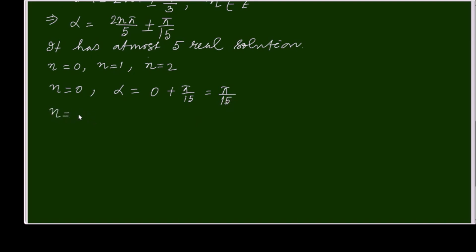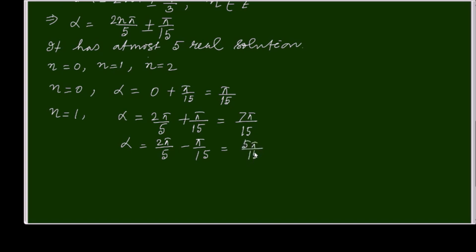Now when n is equal to 1, alpha is equal to 2 pi by 5 plus pi by 15, and 2 pi by 5 minus pi by 15. So this will be 7 pi by 15, and this is equal to 5 pi by 15, that will be pi by 3.